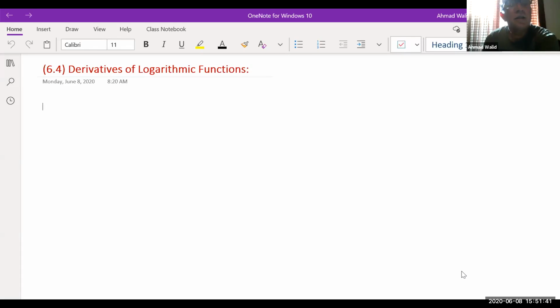Hello all, let's start section 6.4, derivatives of logarithmic functions. In 6.3, I explained to you that logarithmic functions are the inverse functions of exponential.